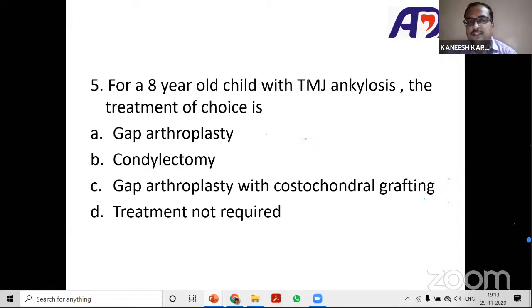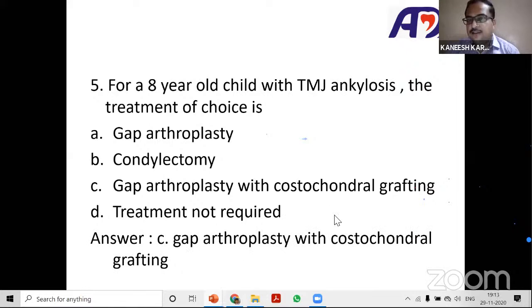For an 8-year-old child with TMJ ankylosis, the treatment of choice is... No. You have to treat. You cannot leave ankylosis like that. You have to treat ankylosis.